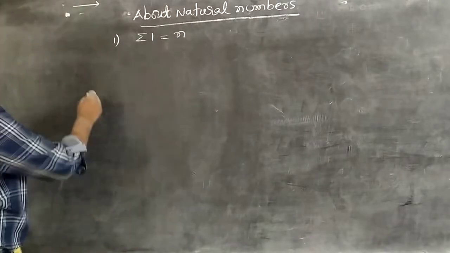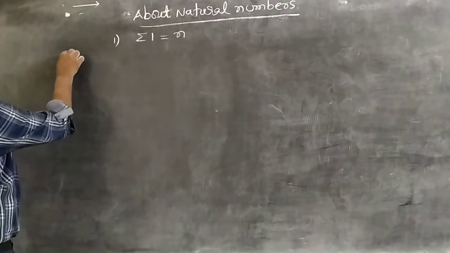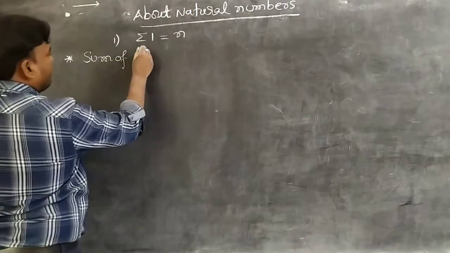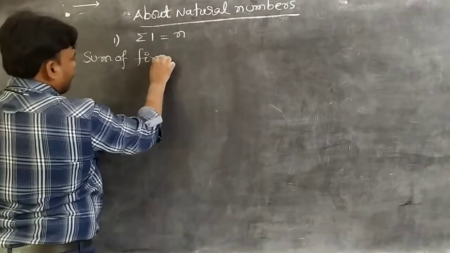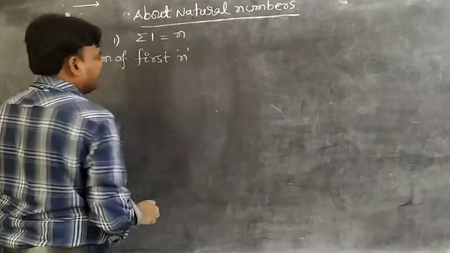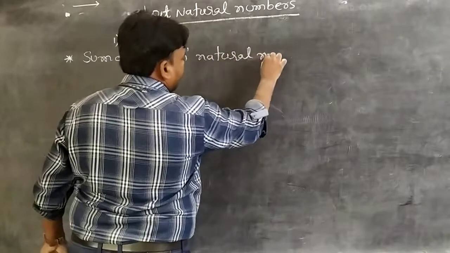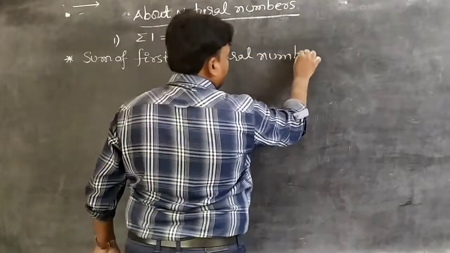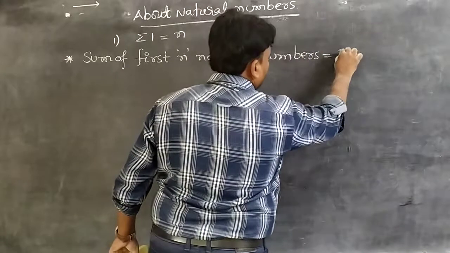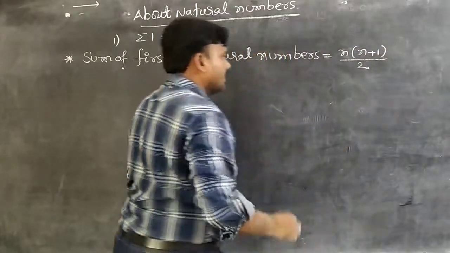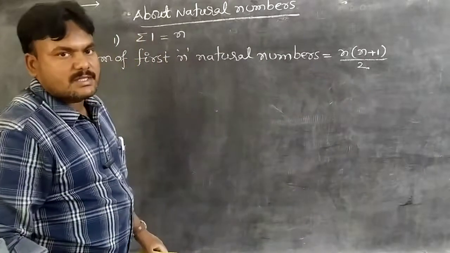Next, observe here, sum of the first n natural numbers. The formula equals n of n plus 1 by 2. This formula was given by Gauss.